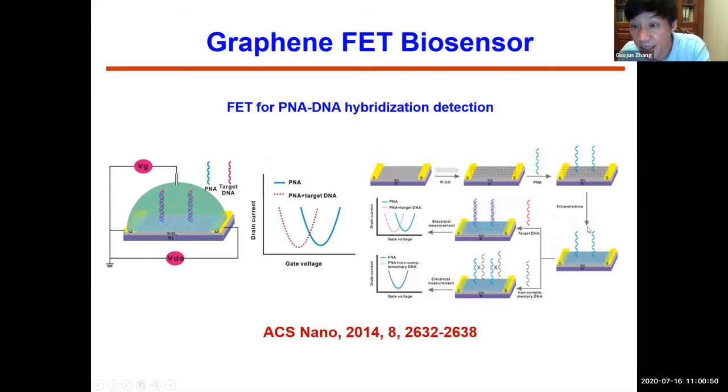Ethanolamine is used to block the unreacted sites of the graphene sheet. Then DNA can be hybridized with the specific PNA probe, and detected by monitoring the Dirac voltage change.